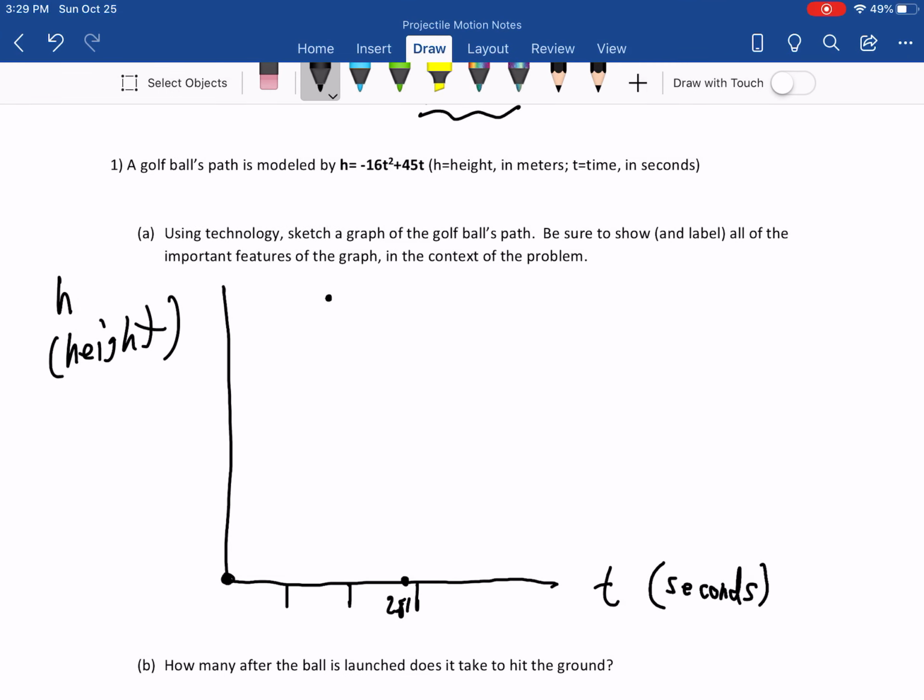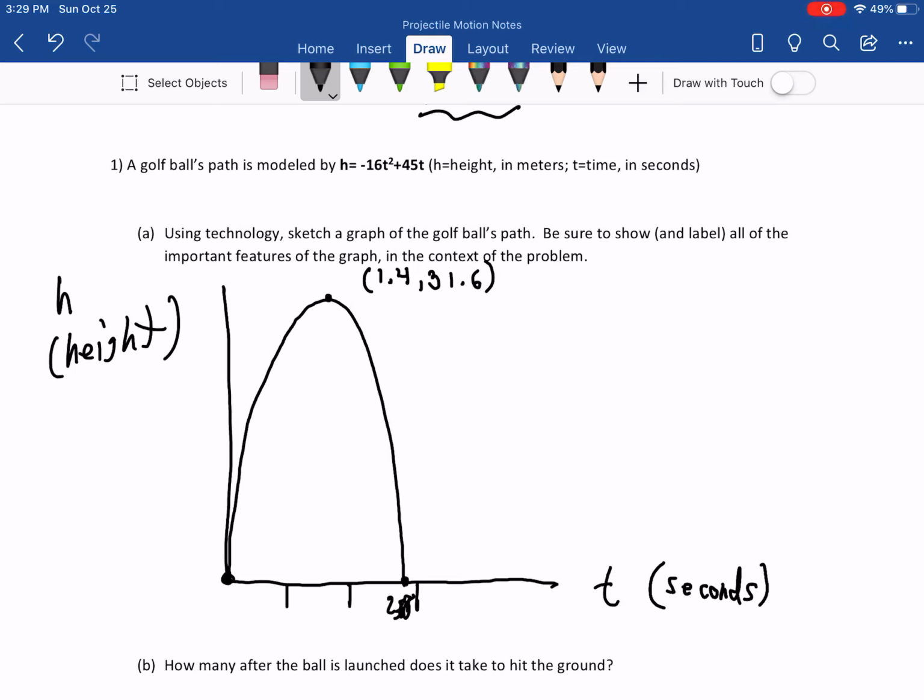Okay. So this is 1.4, 31.6. Okay, and 2.8 will suffice here. I don't need 2.81. And there's our graph.